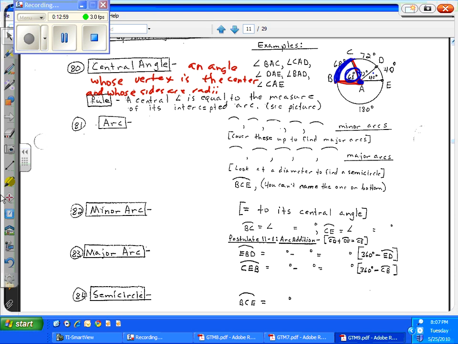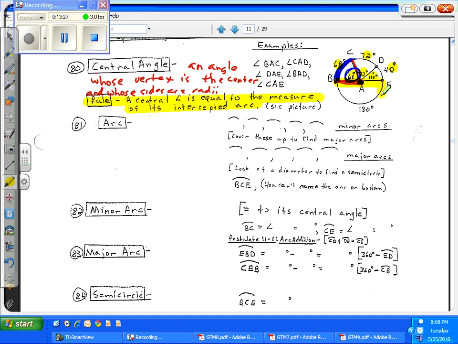That's a rule right here, but it's a rule that we already learned in that chart, right? So this central angle 40 is equal to the arc 40. This central angle 72 is equal to the arc 72. This central angle 68 is equal to the arc 68.